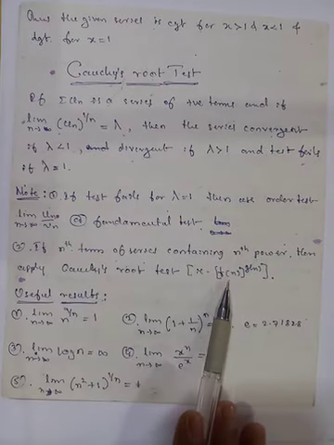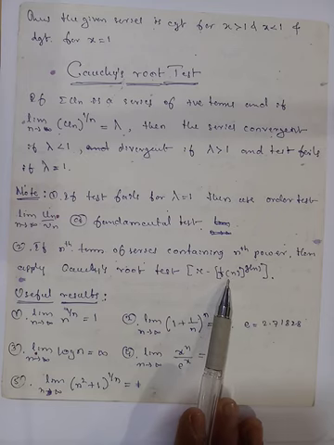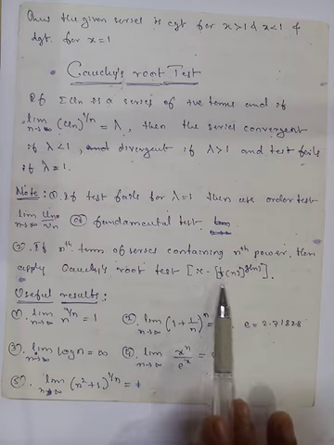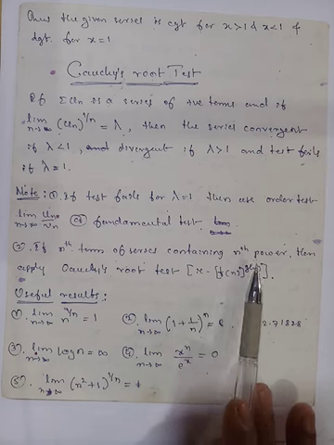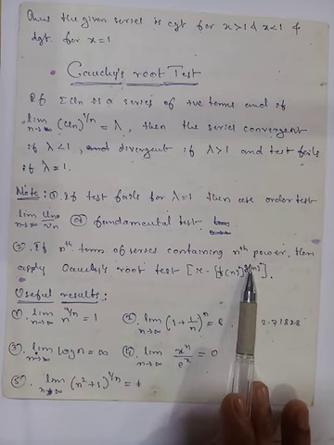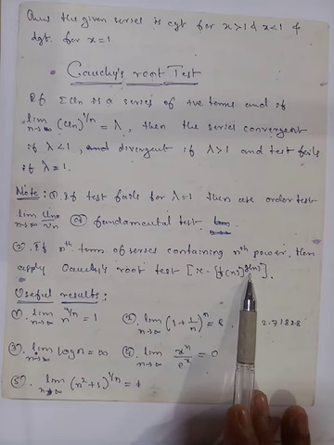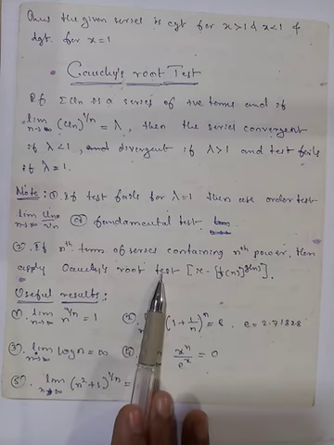The base is a function of n, f of n, and again the power of this must be a function of n. If it is in this form, then we apply the Cauchy's root test.